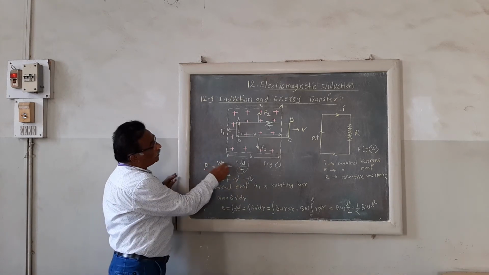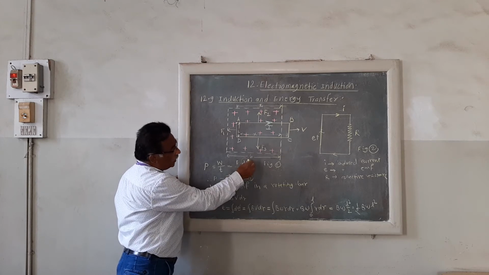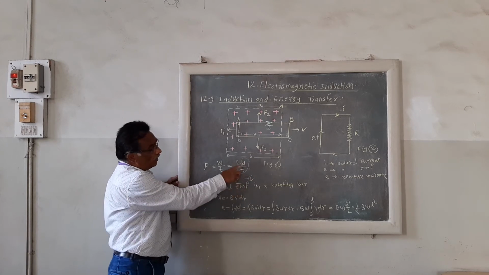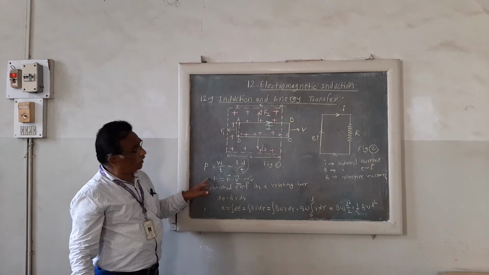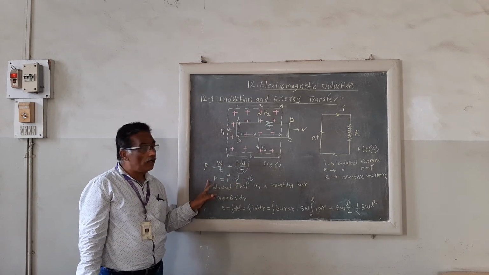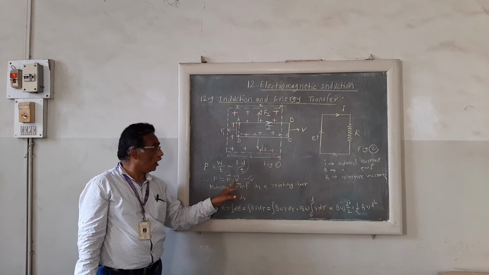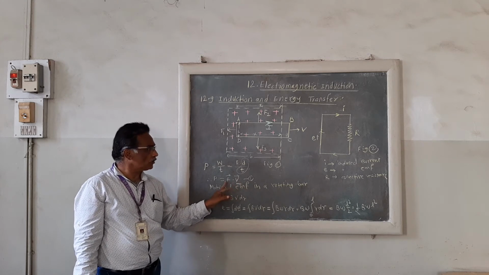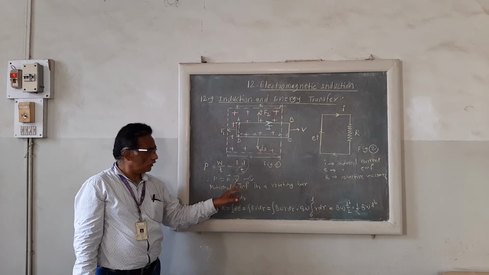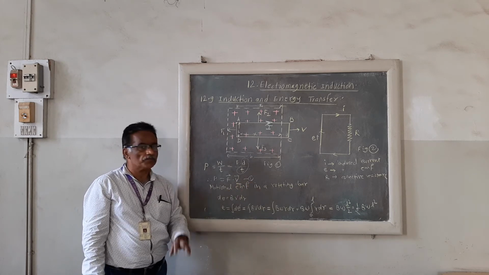Displacement upon time is velocity, so I have replaced d by t with v. Therefore, the power comes out to be P, a scalar given by F vector dot v vector. This is a dot product of force and velocity. Call this equation number 1.